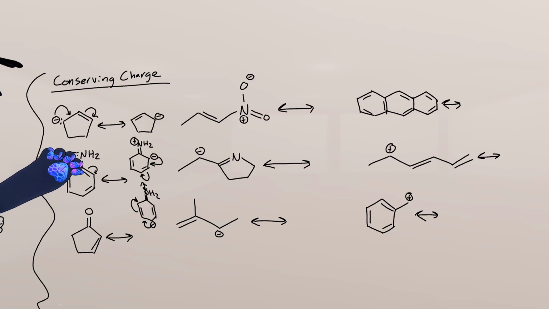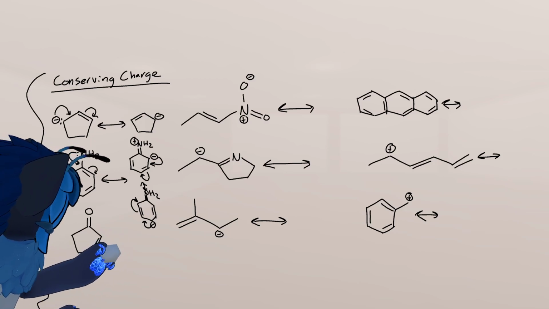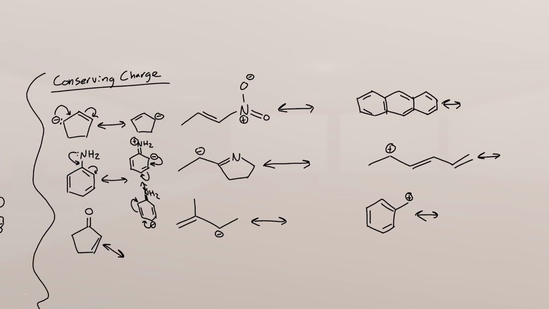So let's talk about this bottom one right here. And I'll move the arrow on it so it gets pointed down. But one thing to consider is that this C=O is called a carbonyl group.